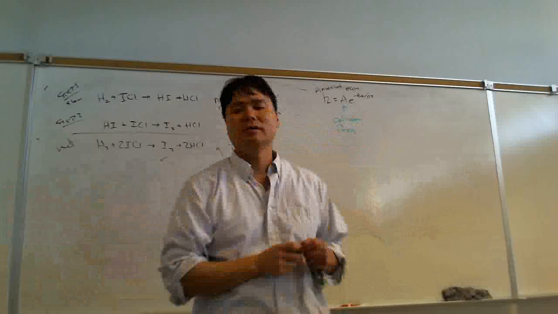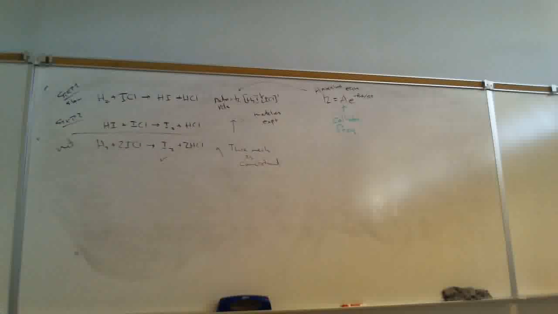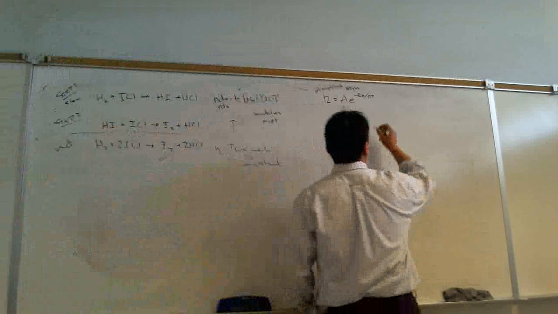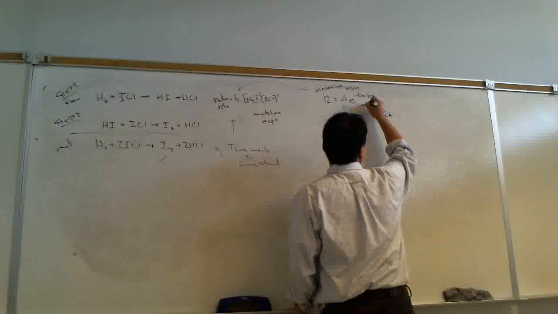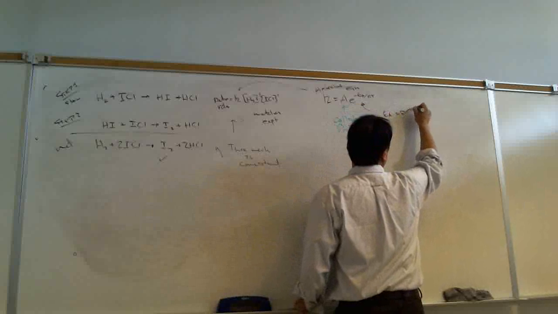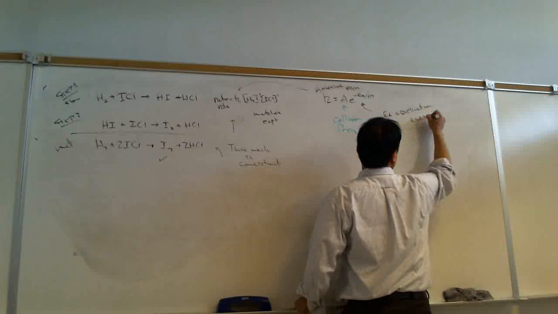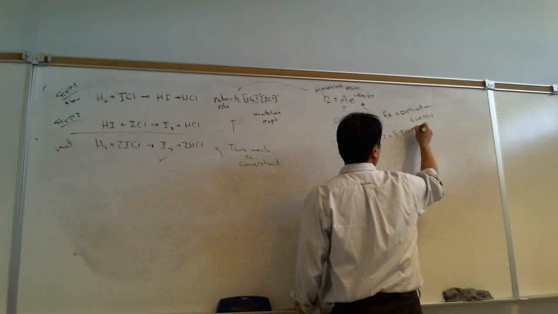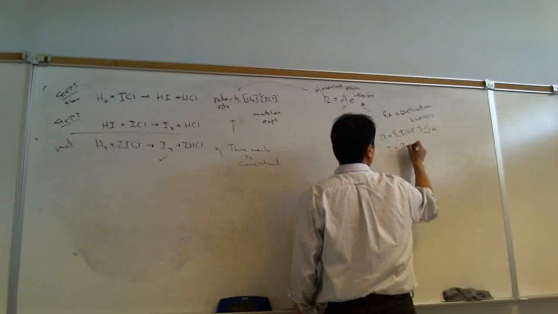Collision frequency is how frequently those successful collisions occur. Ea is called the activation energy. R is just a gas constant, 8.3145 joules per mole Kelvin. T is just your temperature, Kelvin temperature.